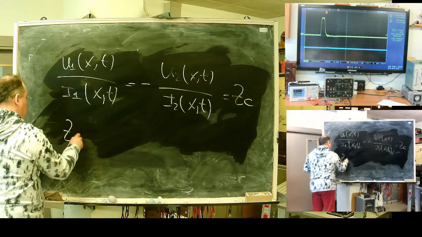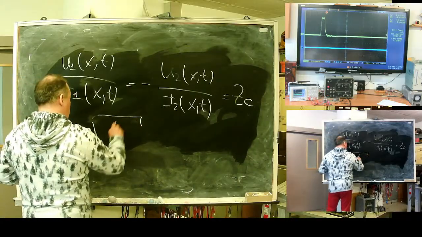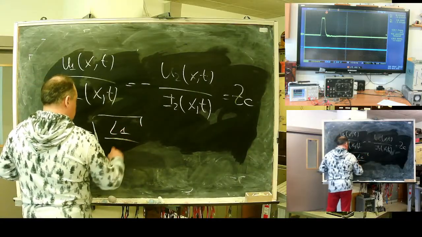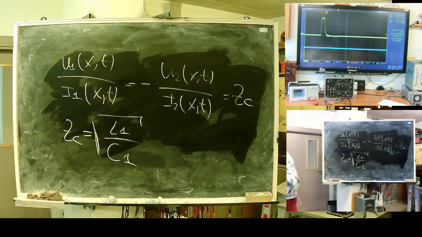Line characteristic resistance equals square root of 1 unit inductance divided by 1 unit of length capacity.